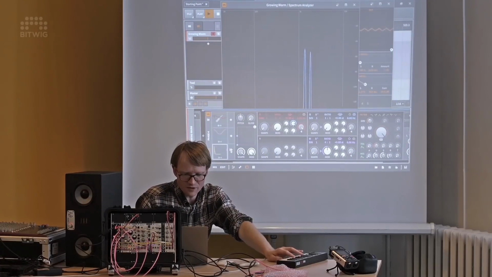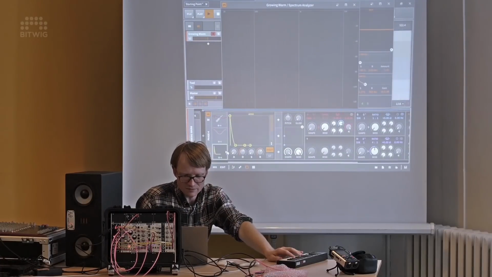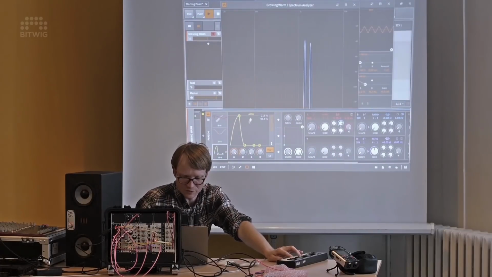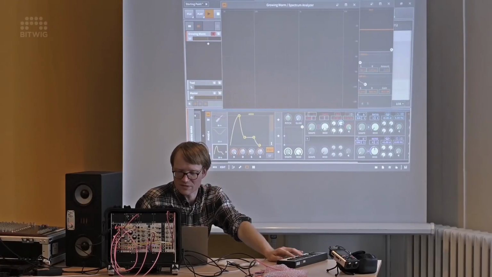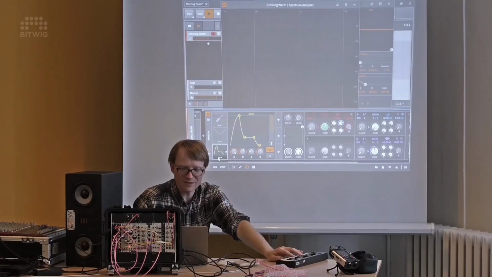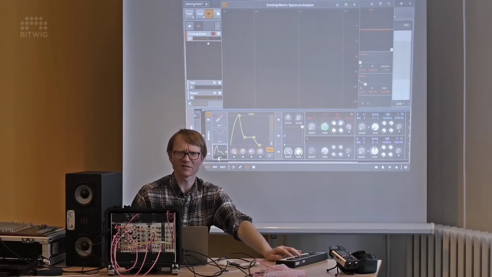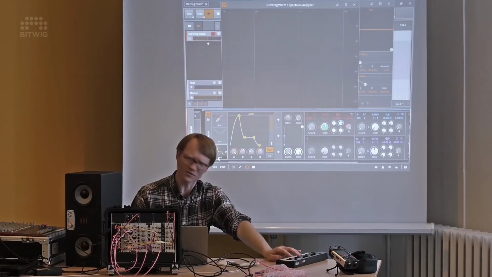So a fun way to deal with that is to say, hey, I've got an envelope. Maybe I want it to slowly move and open. And maybe I just want it to control the index of modulation. So now, over time, hopefully that's slow enough, it's going to sound like we're on the wrong pitch, and then it's going to start sounding like, oh wait, now we're on a different note?